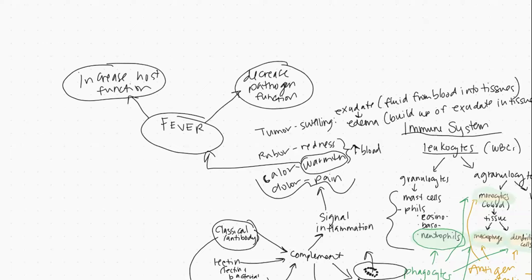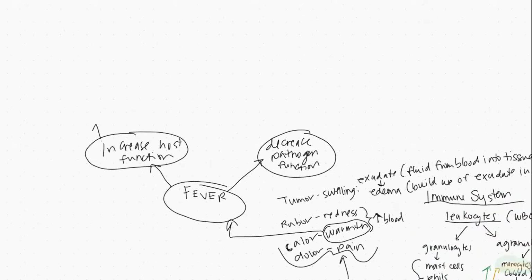So increasing our host function, and the things that happen along with that, there's two things that we kind of talked about there, which is increasing our metabolism of our cells, as well as increasing the growth factors, and targeting of lymphocytes.